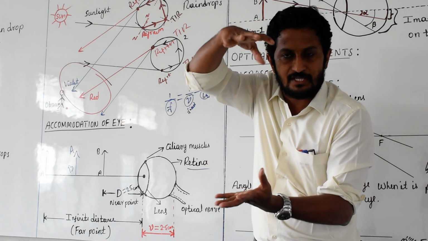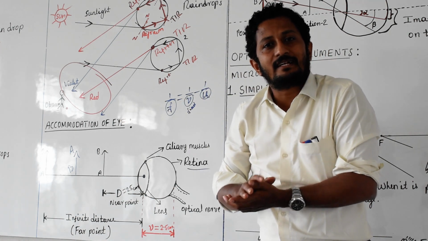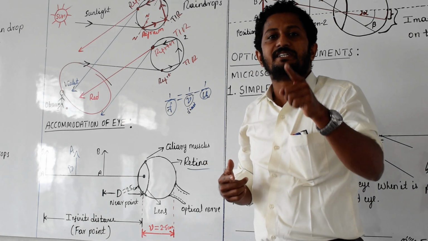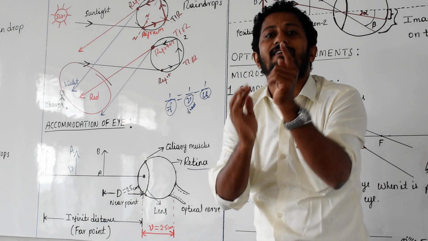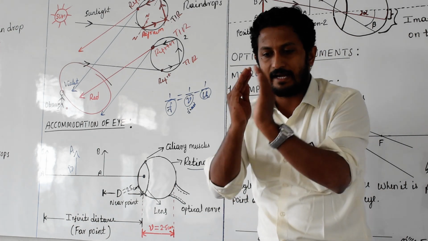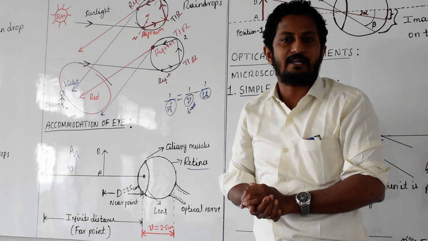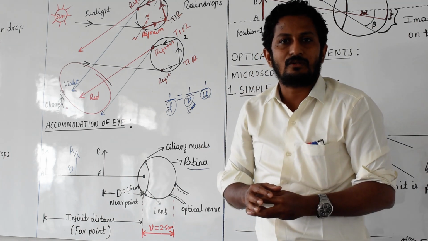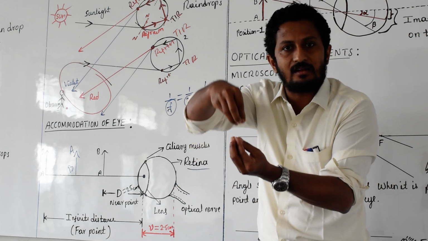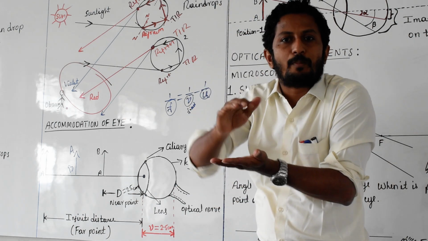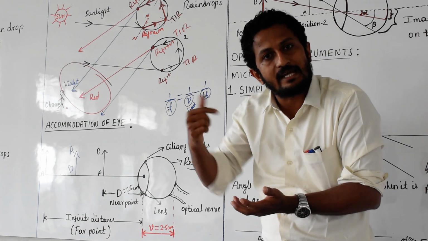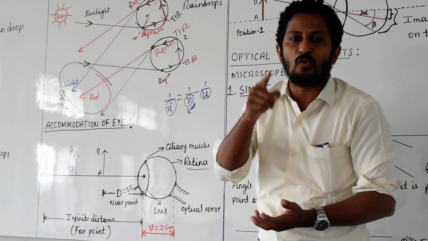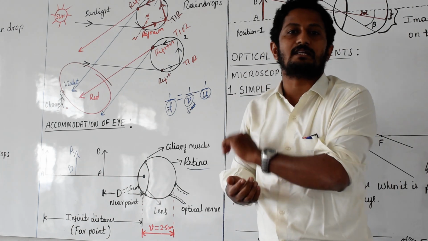By stretching or compressing the eye lens, the ciliary muscles change its focal length. In a normal eye, that eye lens is flexible. That's why the ciliary muscles can stretch and compress it, and by doing that they change the focal length of the eye lens.